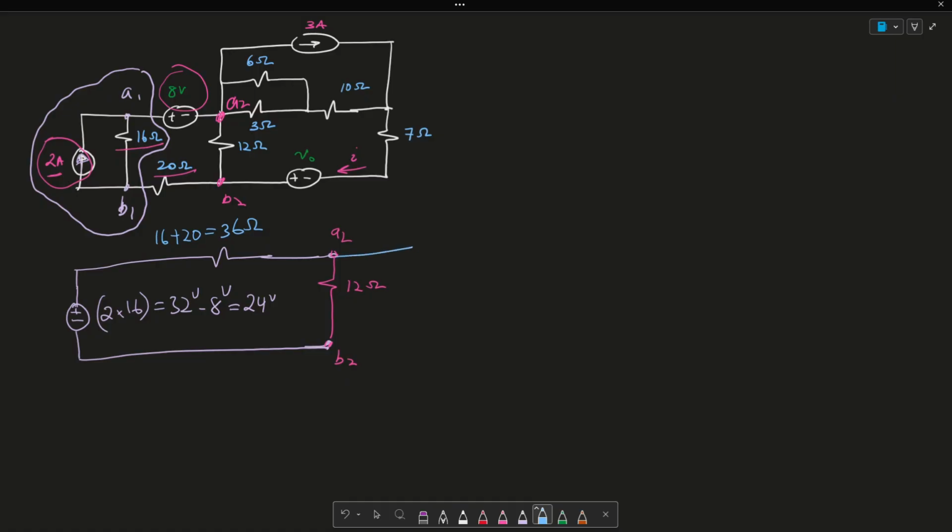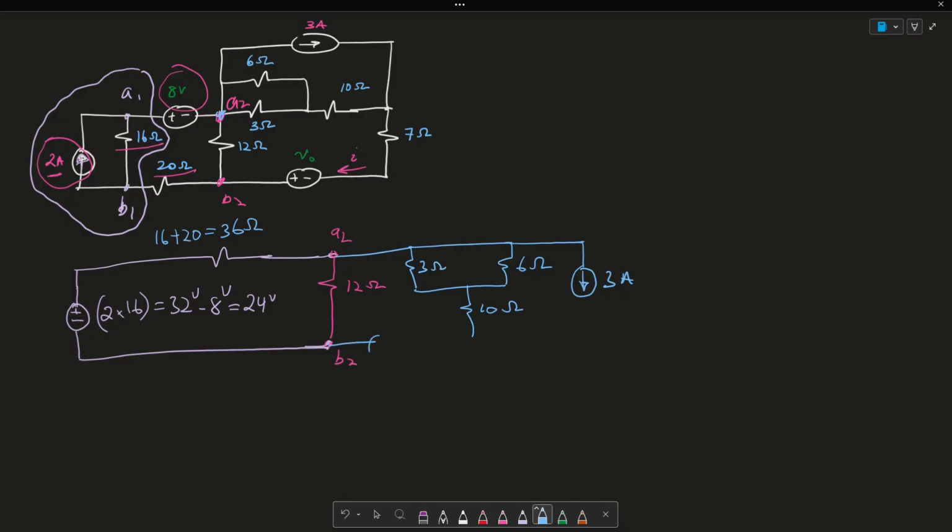So we can say that this here is 3 ohms. It's connected to A1, and there is a 6 ohm resistor here. Connected to that is this 10 ohm resistor right here. Then on top here is this downward-going 3 amp current source.